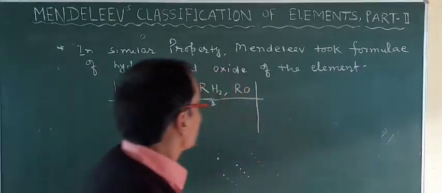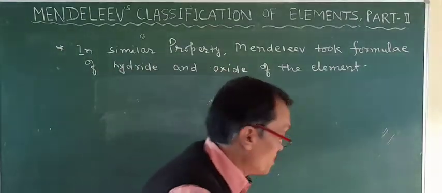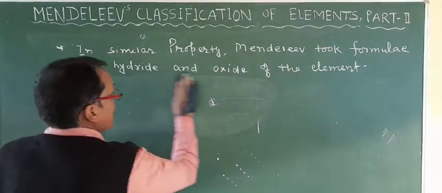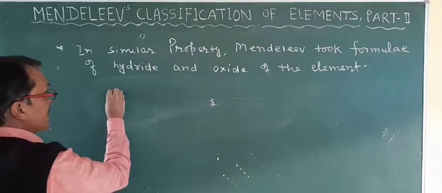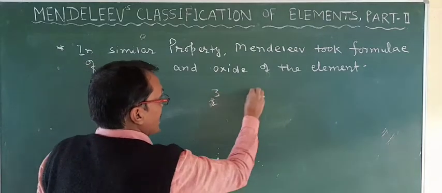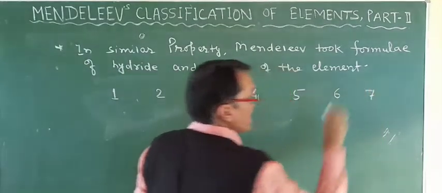So students, what did he do while arranging elements on the basis of their increasing atomic masses? Suppose you can understand like this. Suppose elements he arranged like this in increasing atomic masses.